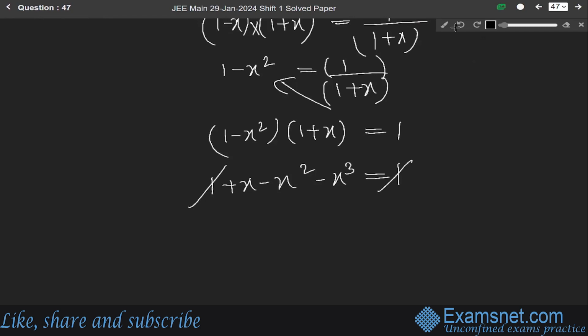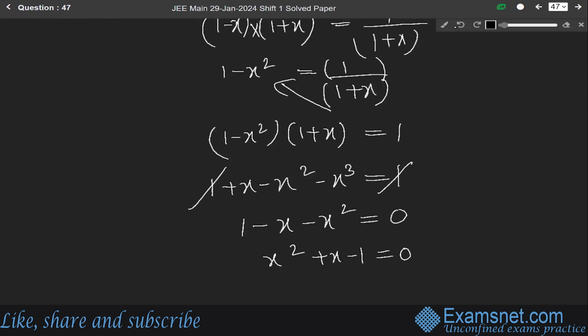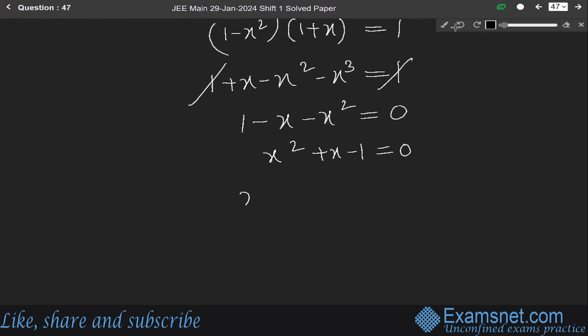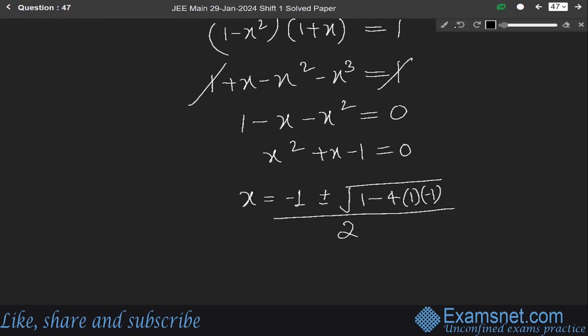1 cancels out, and taking x common, we get 1 minus x minus x square equals 0. So x square plus x minus 1 equals 0. Now finding its root, we get x equals minus b plus minus under root b square minus 4ac, over 2a, meaning divided by 2.